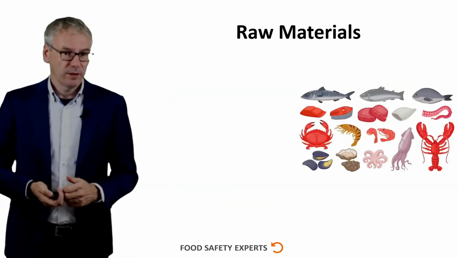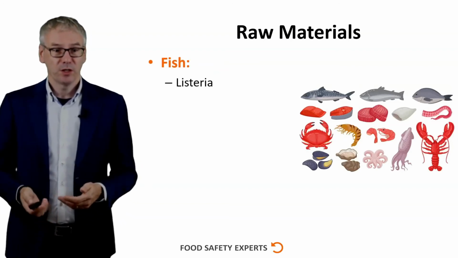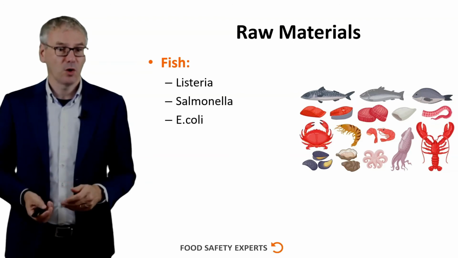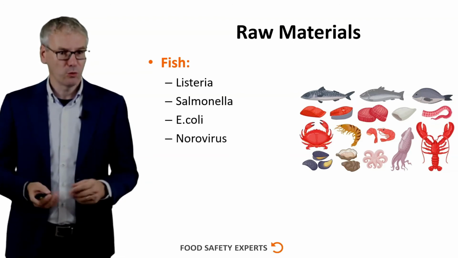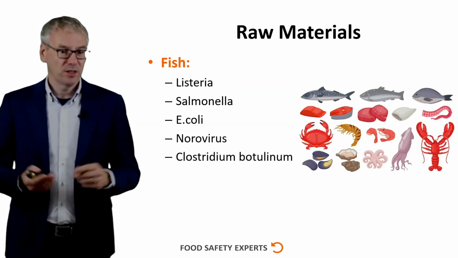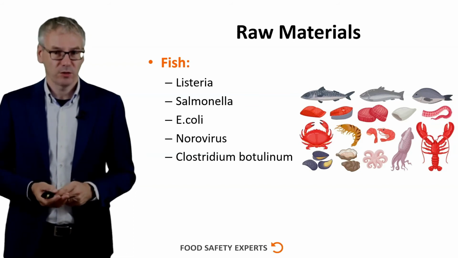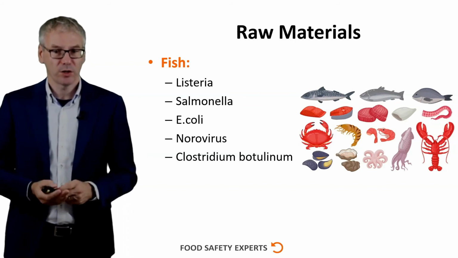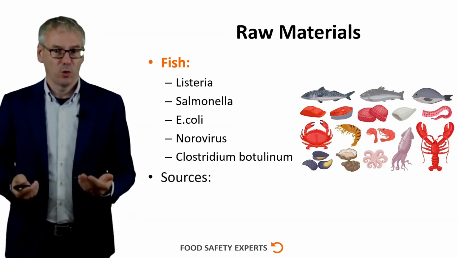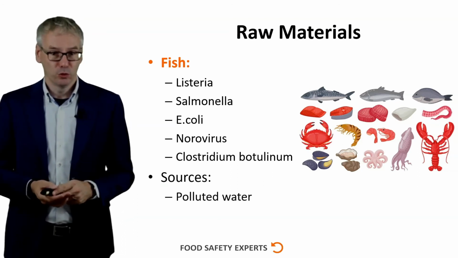Let's look at the next category, fish. In fish, we typically see listeria as the biggest one, and then salmonella and E. coli, and the norovirus and Clostridium botulinum as the key bacteria and viruses present in these products. So where does this all come from? Well, first of all, fish lives in water, so it might come from polluted water.